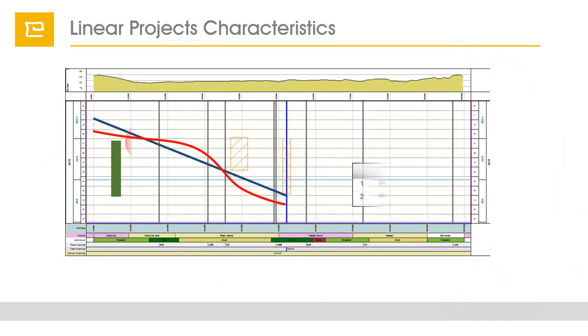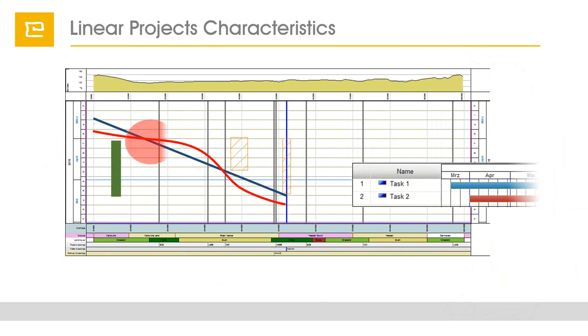TILOS can express activities not only as a line. It can also be curved if we compile the data from profiles into the activity. If you look at the bar chart beside, we have two activities. One is following the other, but we don't know what is happening inside, and this is expressed here with the red line.